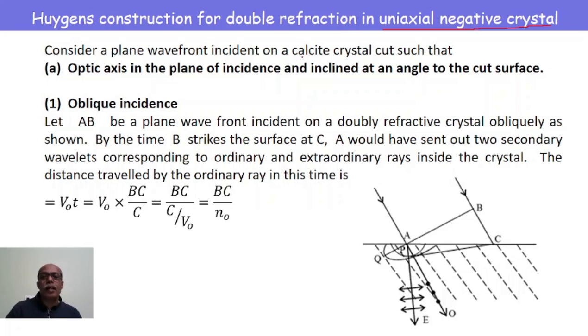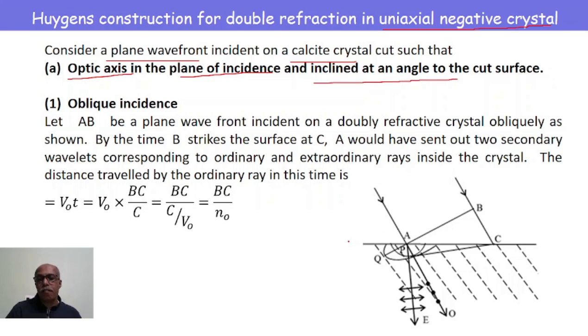We consider a calcite crystal, which is uniaxial negative, and we also consider a plane wavefront. Now, the first case is that we have considered the optic axis in the plane of incidence. Also the optic axis is inclined at an angle to the cut surface.